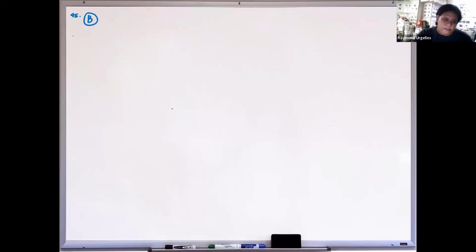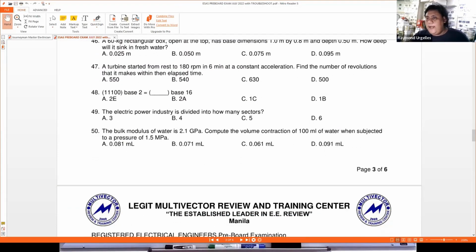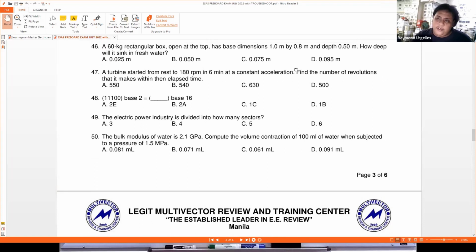Okay. So next, number 46. We are given a rectangular box, open at the top, with base dimensions and depth of 0.50 meters.